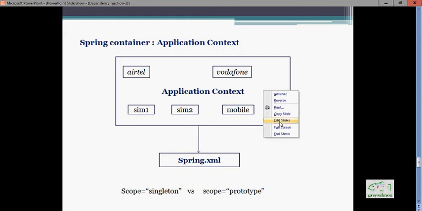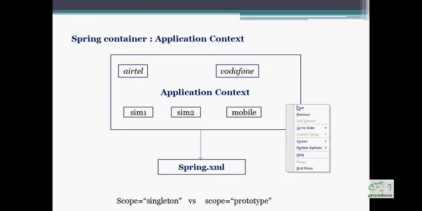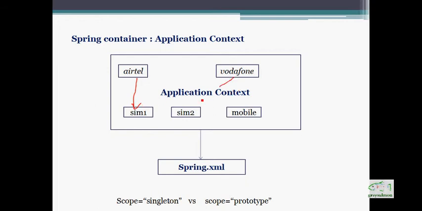Now we can also mark them here. This sim1 is wired with Airtel, this sim2 is wired with Vodafone, and this mobile is wired with sim1 and sim2.